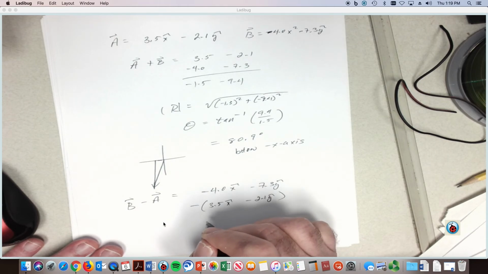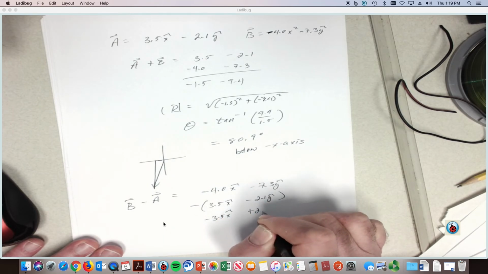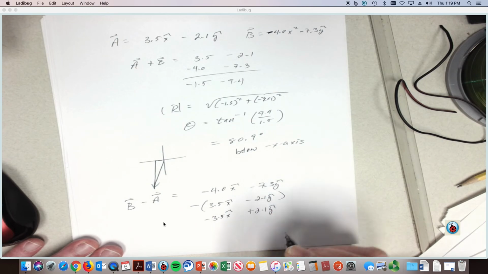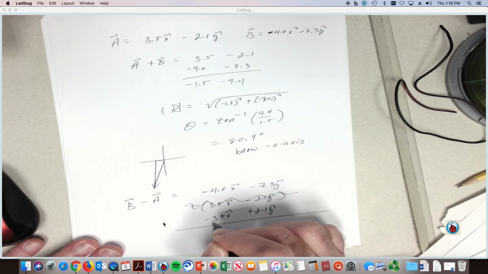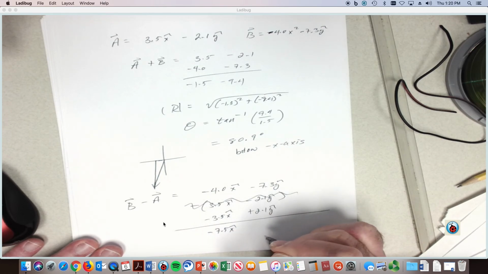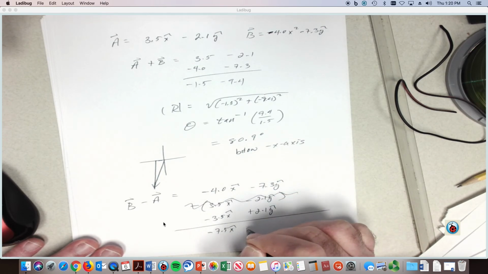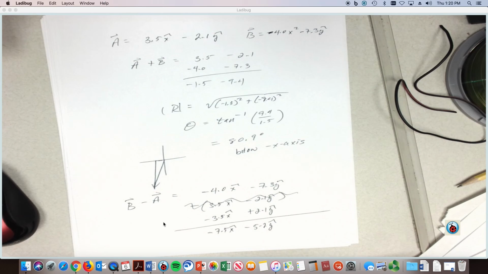So this changes to negative 3.5 x hat plus 2.1 y hat. Add them together, and you get negative 7.5 x hat minus 5.2 y hat, and then you know how to find the resultant vector of that. You just lather, rinse, repeat.